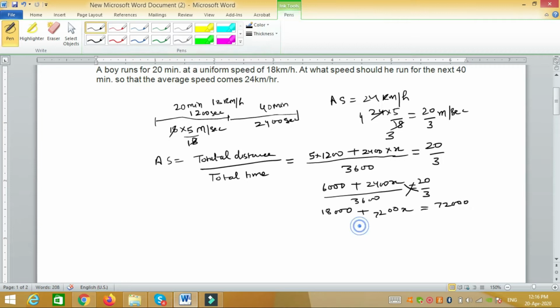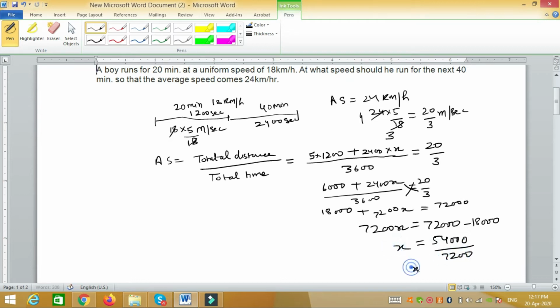This is 7200x, which is 72,000 minus 1800. This comes out to be 54,000. I write it here, 54,000 divided by 7200.